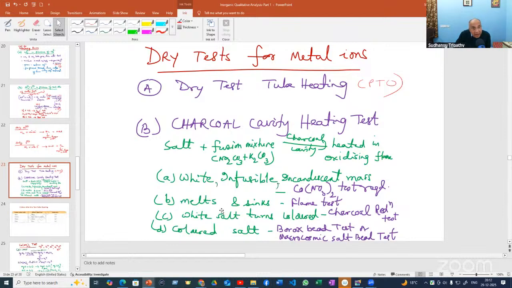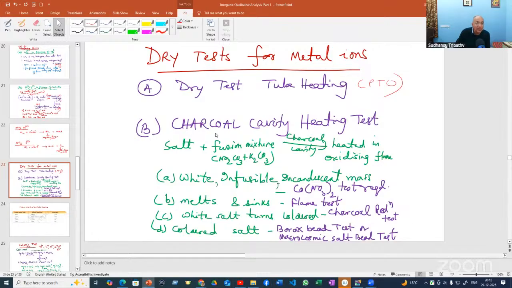But if it melts and sinks, then you need to perform a flame test. If the white salt turns colored, yellow or some other color, then you have to perform the charcoal reduction test.